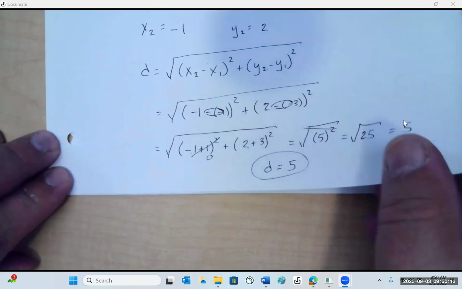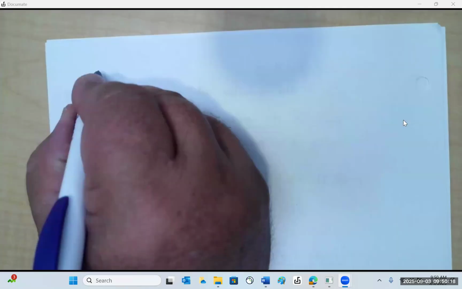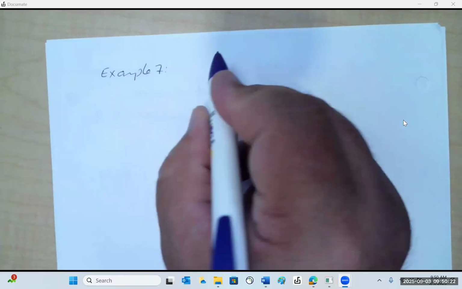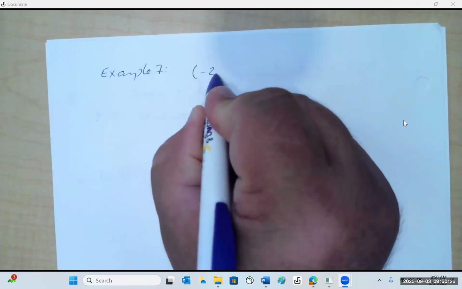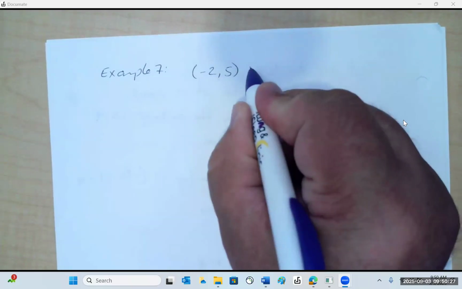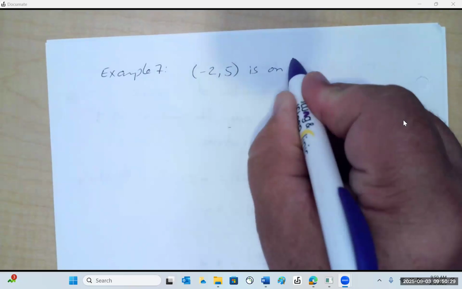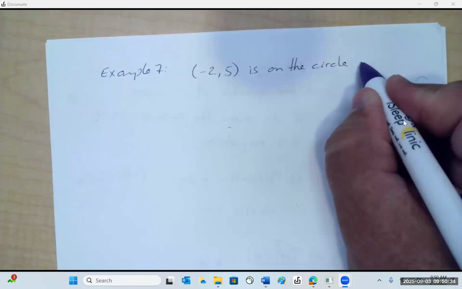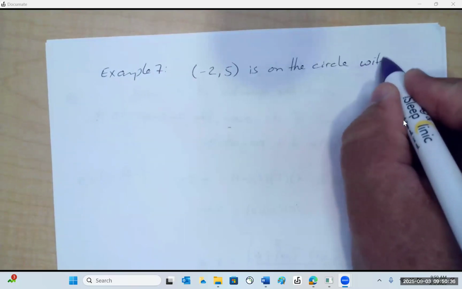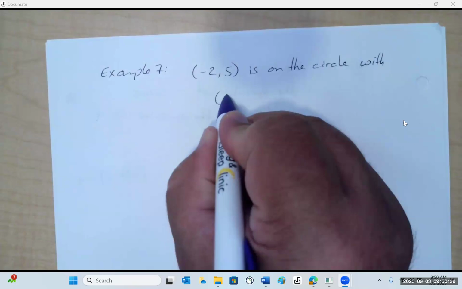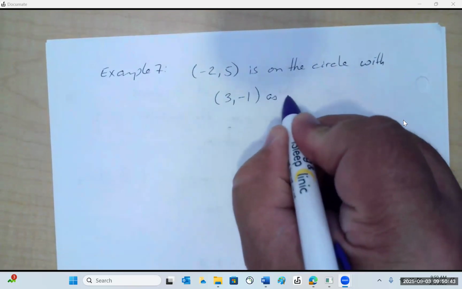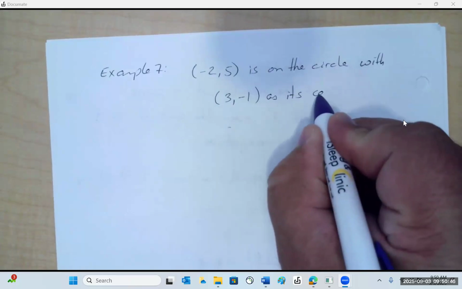Okay, let's look at example 7, which deals with circles. Point -2, 5 is on the circle with 3, -1 as its center.